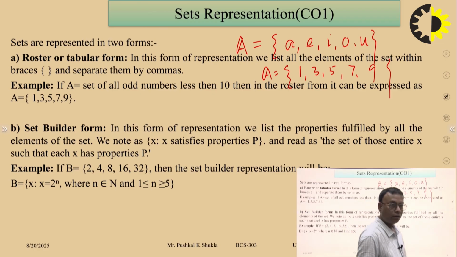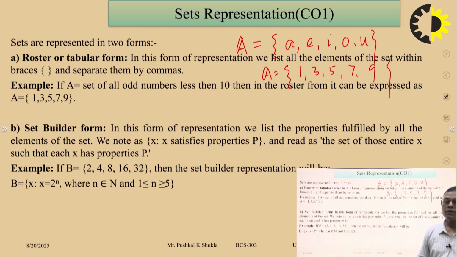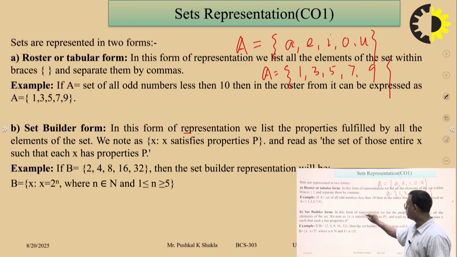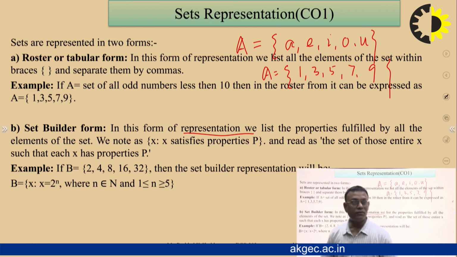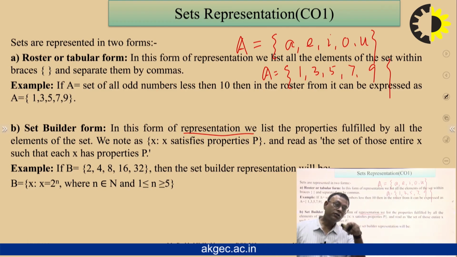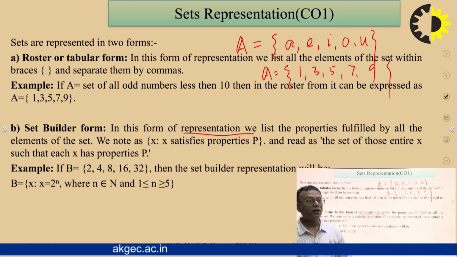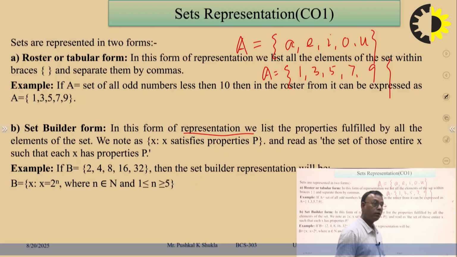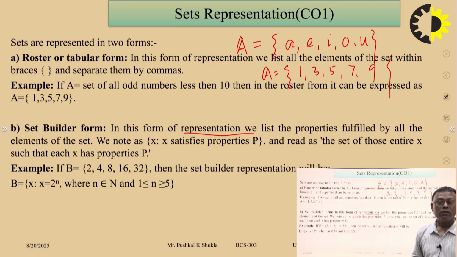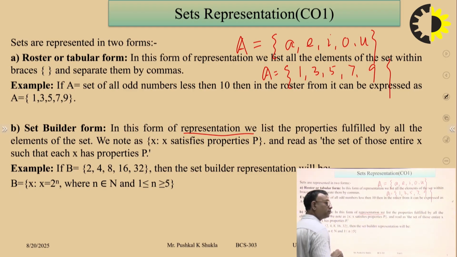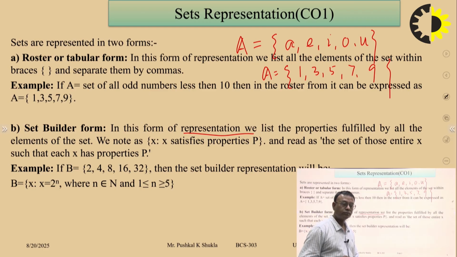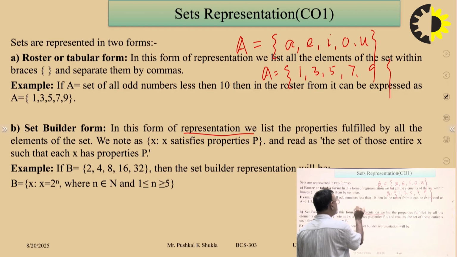The second representation is set builder form. In this form of representation, we describe all the elements by listing their properties. We categorize all the elements by their properties. For example, suppose x is an even number. Suppose the set of even numbers.